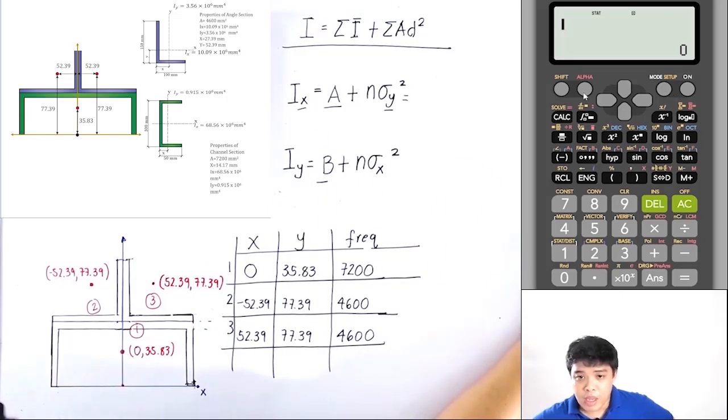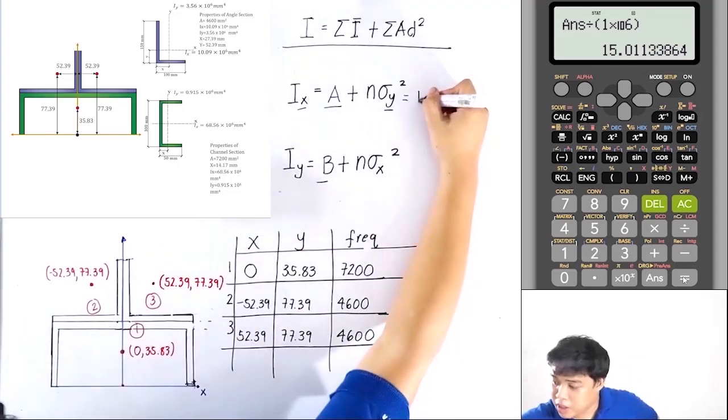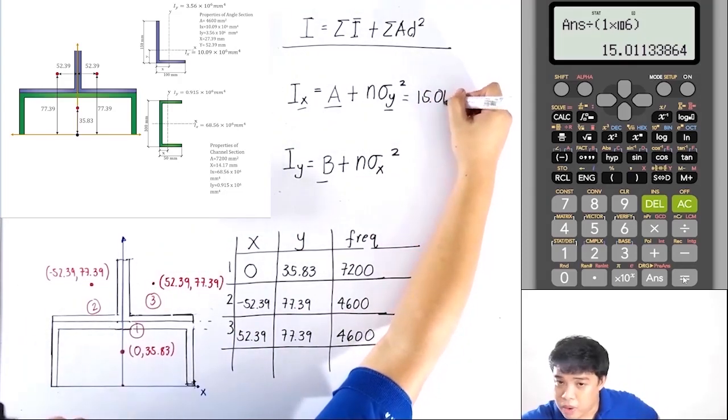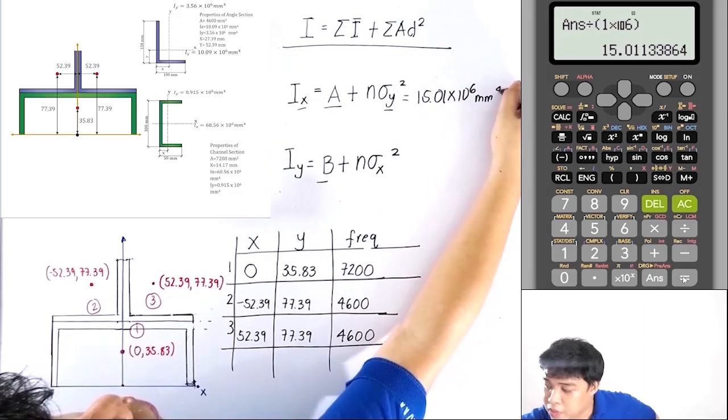So that would be alpha a plus shift stat for n and shift stat for 6. Let us divide it by 1 million to show it in terms of times 10 to the 6. And the value is equal to 15.01. The moment of inertia about x is simply equal to 15.01 times 10 to the 6th power millimeter to the 4th.